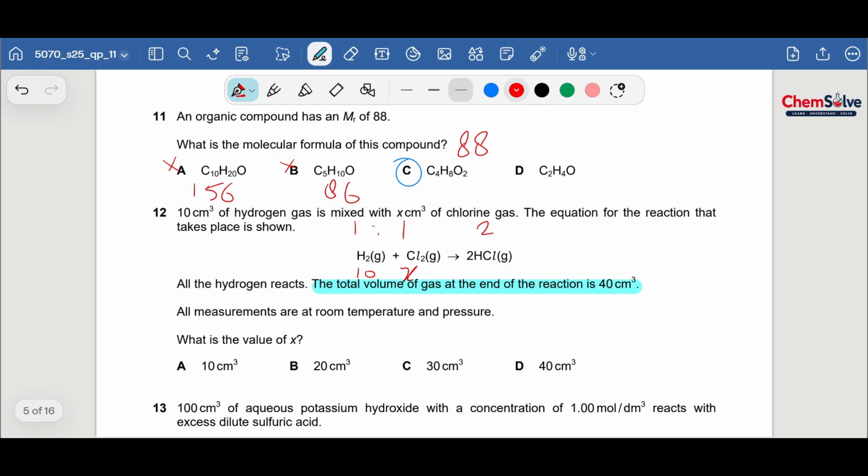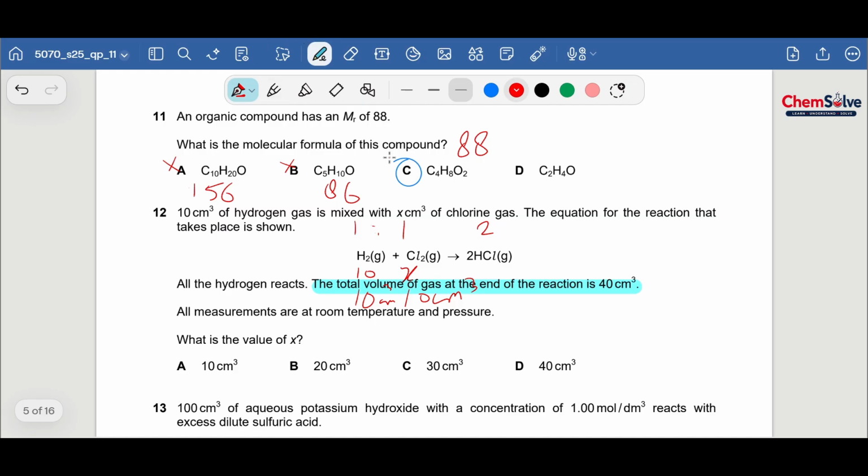Okay. So let's make it easy. If hydrogen is 10 cm cube here, chlorine should also be 10 cm cube because 1:1. But it is X. Only 10 cm cube of that X has reacted.